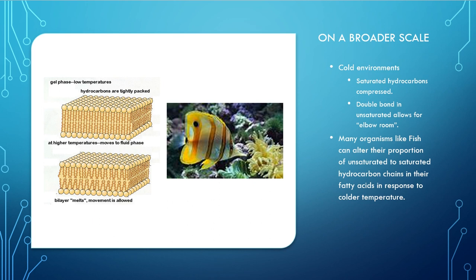This bend will create elbow room. So while we have some compression, these double bonds are giving us elbow room so that the membrane continues to remain fluid. In many organisms like fish in colder environments, they can alter the proportion of unsaturated to saturated hydrocarbon chains in their fatty acids in response to colder temperatures so that they can keep their membrane quite fluid.